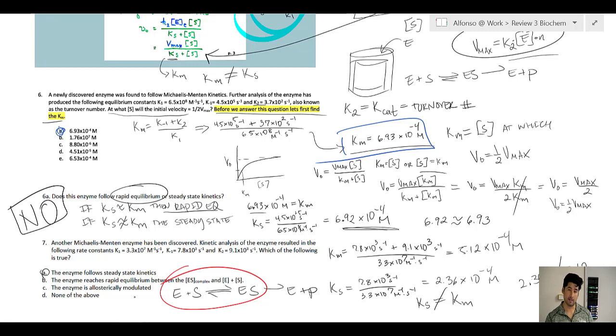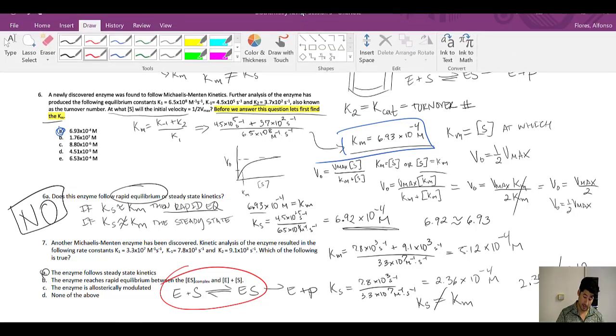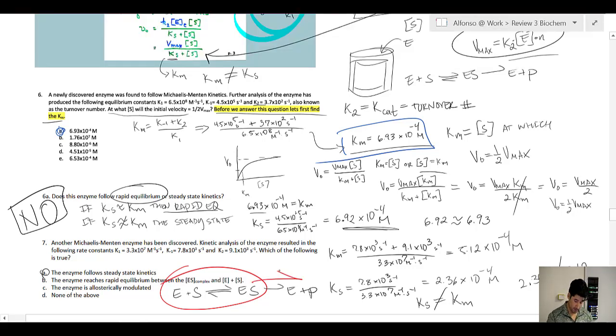What rapid equilibrium means is that if you put the enzyme and the substrate together, it'll be going back and forth between E plus S to ES, back and forth really fast, without really going to E plus P, without going to the enzyme and the product. But steady state means that it reaches the enzyme substrate complex and it steadily goes in this direction. That's steady state. And it also steadily goes in this direction. Steady state kinetics and rapid equilibrium, they're a little convoluted.